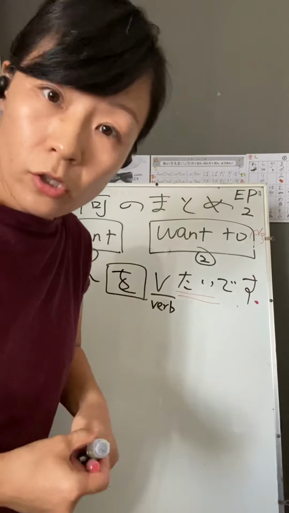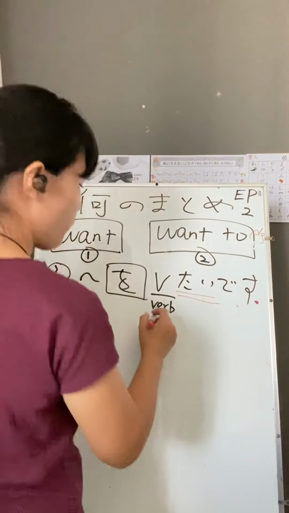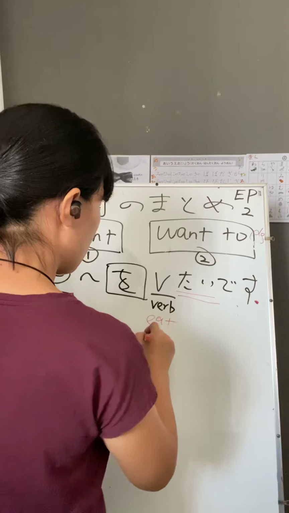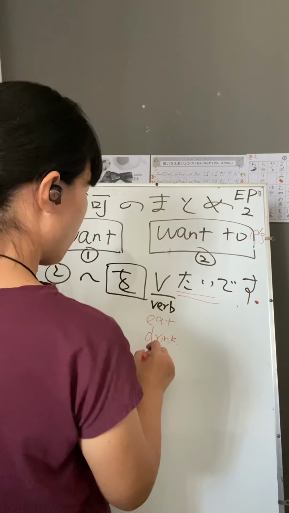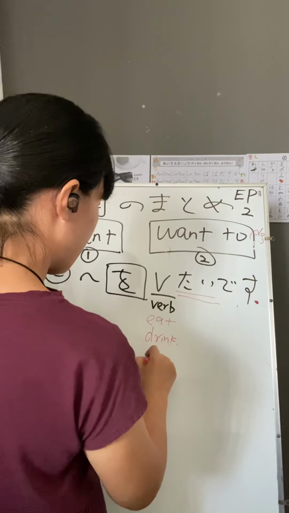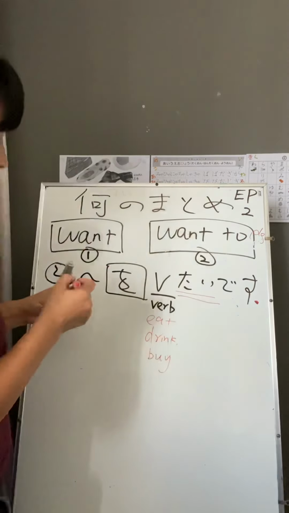All right, verb. How many verbs have you learned? For example, let's learn those normal ones. For example, eat, drink, buy.